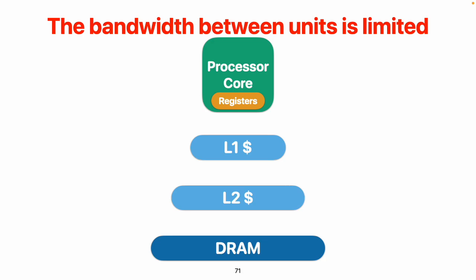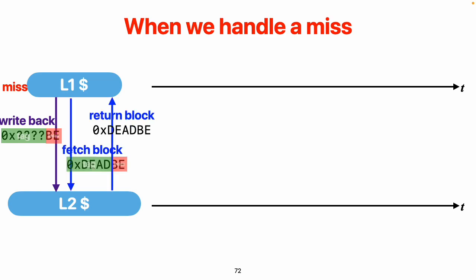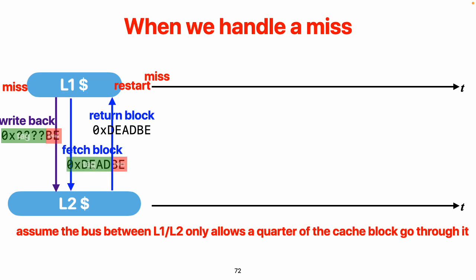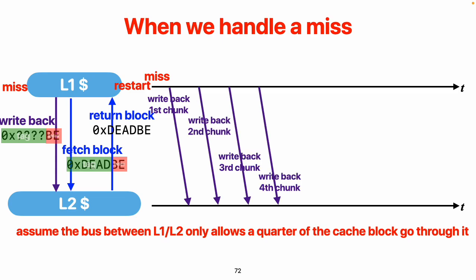First of all, part of the miss penalty comes from the fact that we have limited bandwidth. One of the things that make a miss especially problematic is, what if I evicted a block that is dirty and I have to write it back? Before I can fetch a new block, I have to serve this write back first.